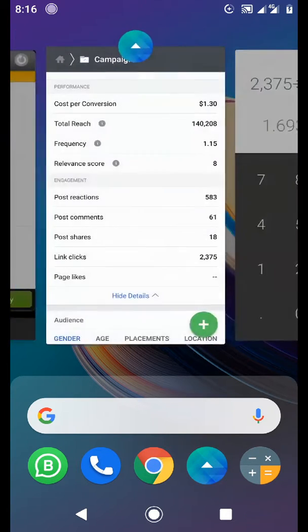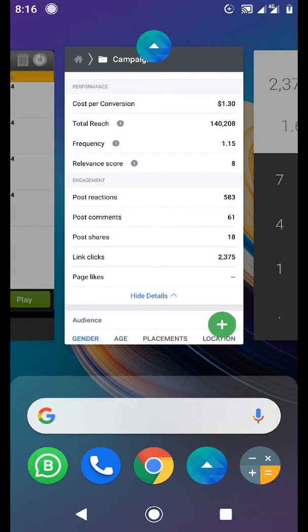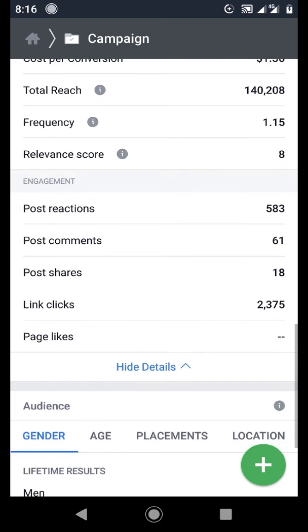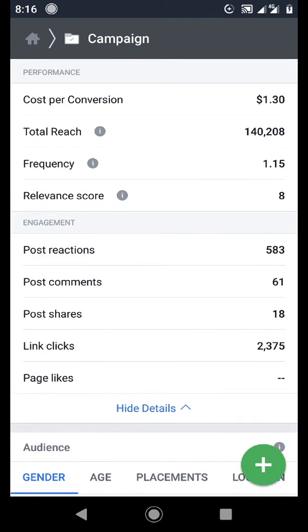You could now be wondering, what does this 1 to 2% mean? When the number of people reached is compared to the number of link clicks, if it is lesser than 1%, it means that your campaign will start getting expensive.